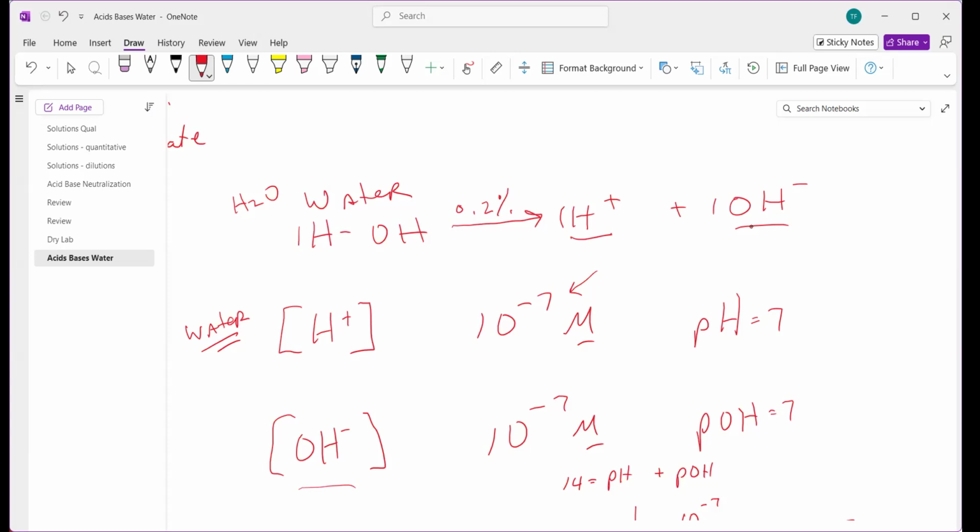For bases it becomes pOH, because we're dealing with a base. So pH is for acids, pOH is for bases. They're related through the number 14.